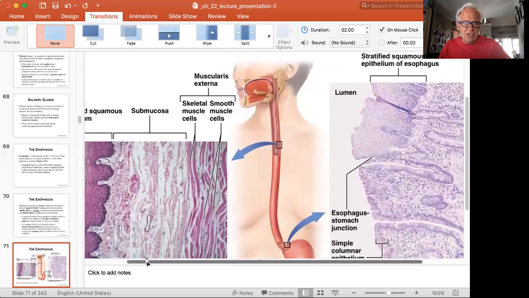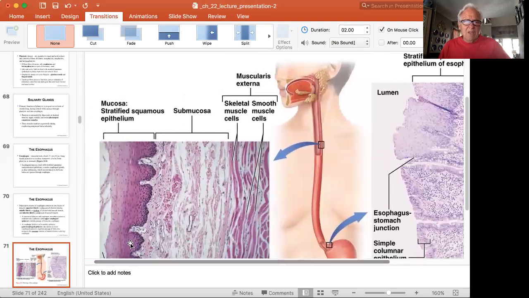Which is interesting here, remember we had our mucosa, here's our lumen, the opening right there. There's the mucosa, which is stratified squamous epithelium. And then we have our submucosa, which we saw before when we looked at the histology of the alimentary canal, then the muscularis externa.